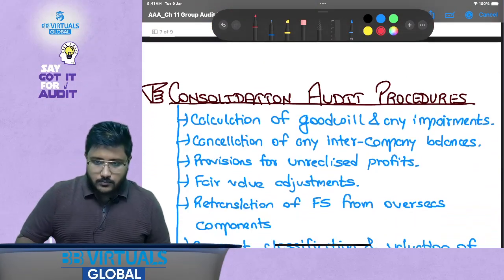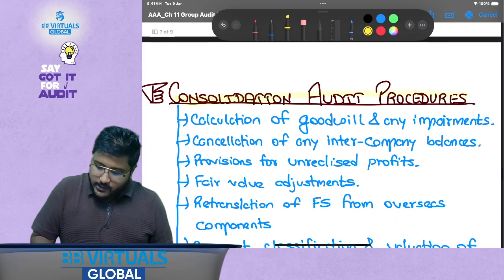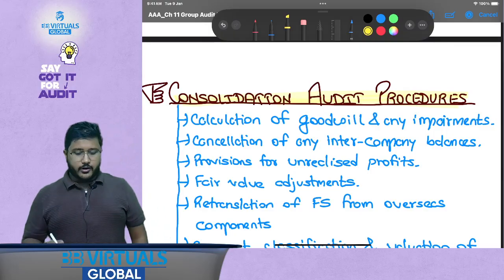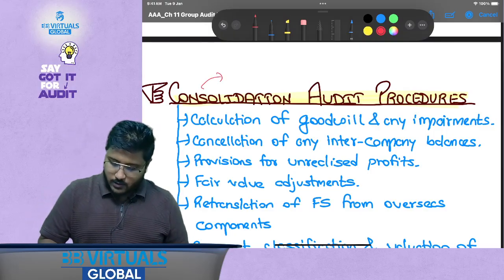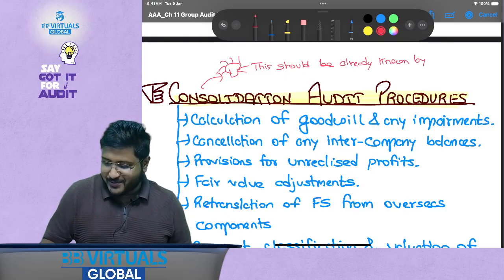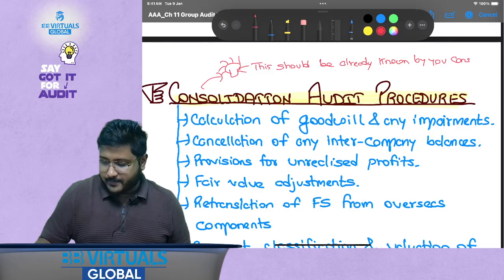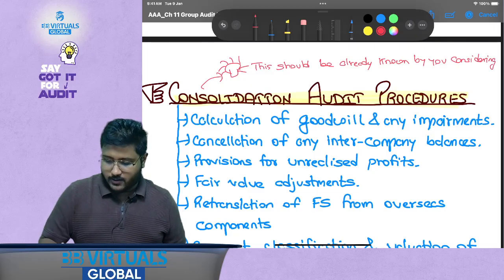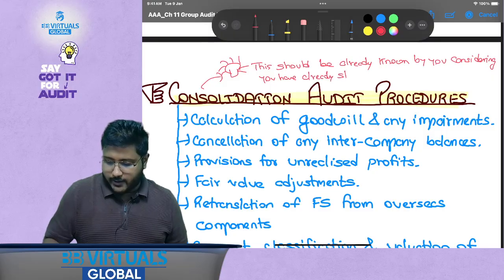Yes. Now, consolidation audit procedures. That is, what audit procedures are specific for your consolidation. Again, a little reminder that this should already be known by you, considering you have already studied FA, FR, SBR.